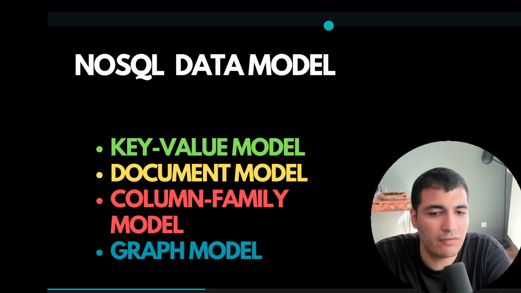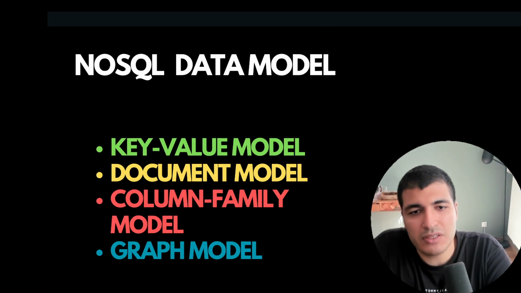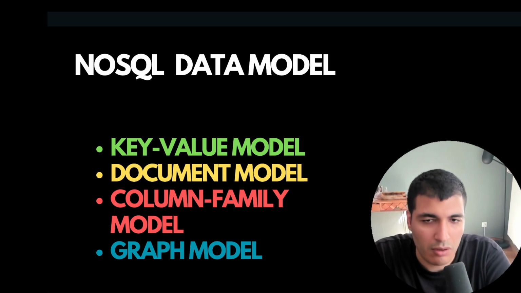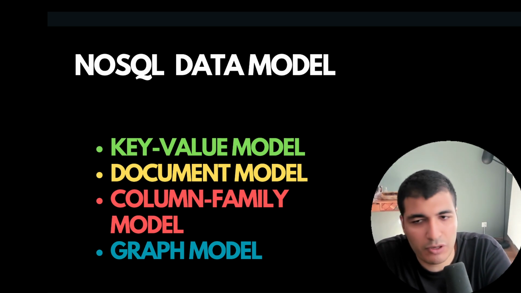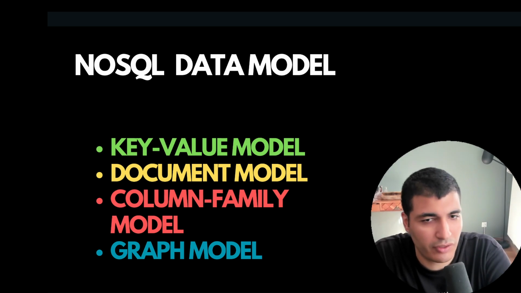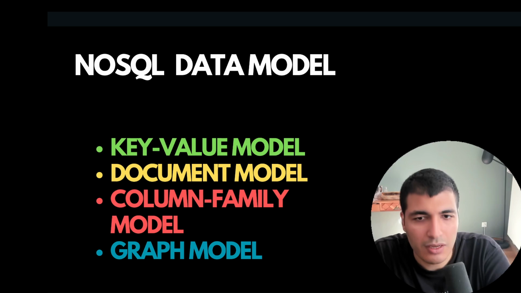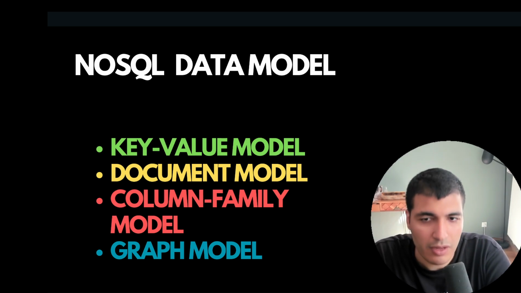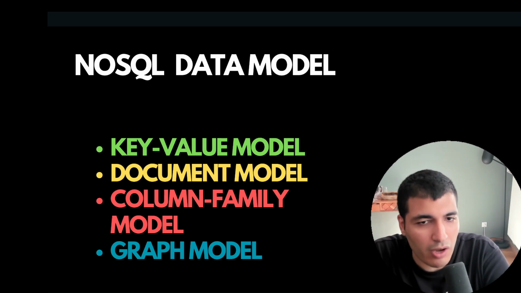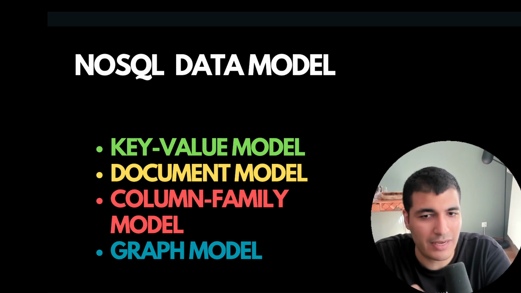First, there are key value stores. This is the simplest NoSQL model. Data is stored in key value pairs, much like a dictionary. You have a unique key and it points directly to a specific value. This is incredibly fast for looking up data if you know the exact key.